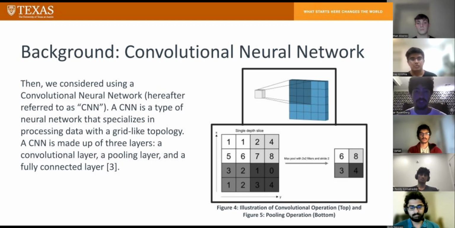A pooling layer, which replaces the output of the network at certain locations by deriving a summary statistic of nearby outputs. As you can see in the image, the statistic is the maximum. And a fully connected layer, which translates the linear operation of convolution to nonlinear. We can see that this means that CNN is faster and gives more control and flexibility over ResNet, and this is why we chose it.